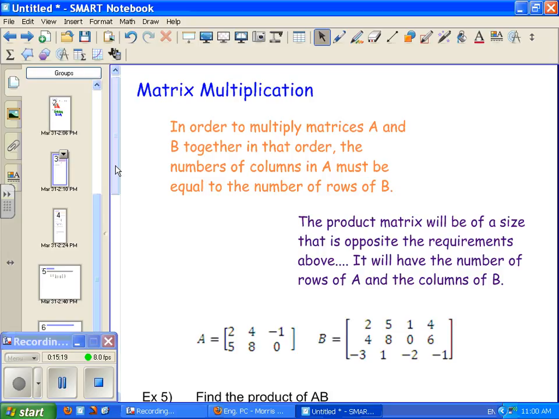So it's going to be a 2 by 4, which is not either one of these. We'll go over the way to multiply these tomorrow because it's nasty. Okay. No homework tonight.